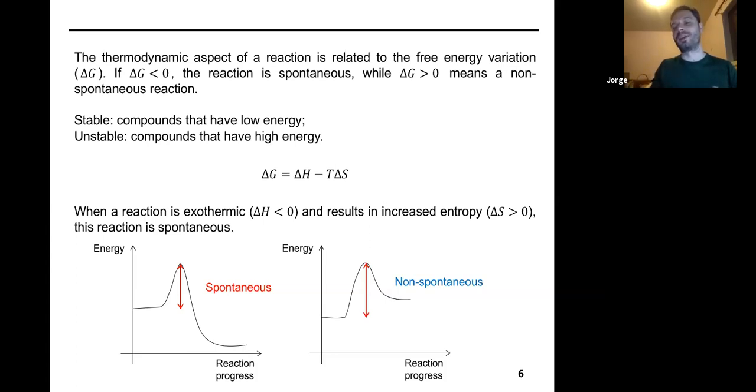It doesn't mean it will not occur. It means it has a low probability to occur. And the same thing with a fast and slow reaction. It doesn't mean it occurs, okay? We have to have a compromise between the kinetics and the thermodynamic aspects of the reaction for it to occur.